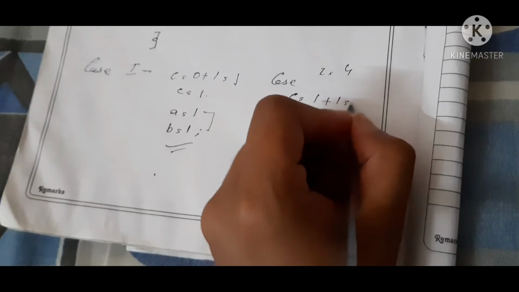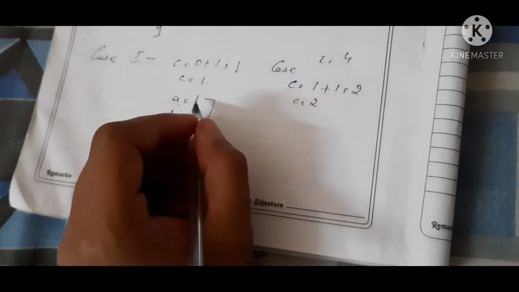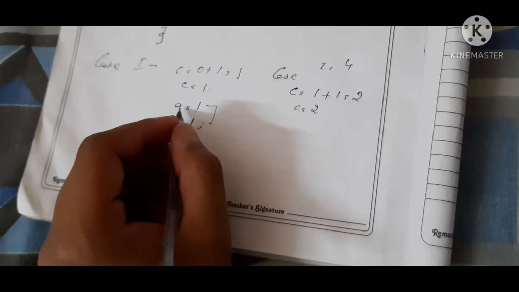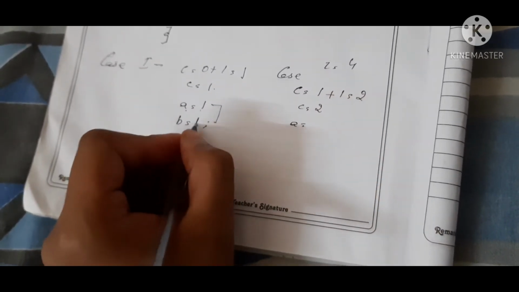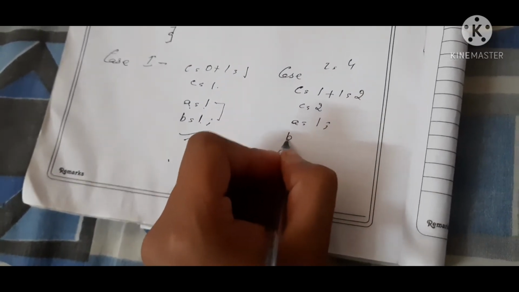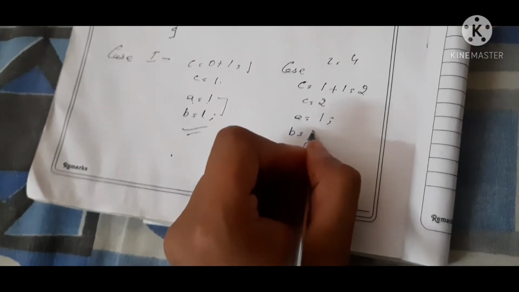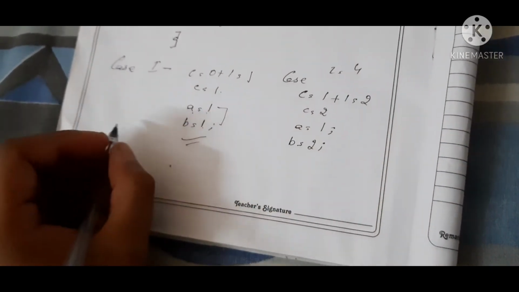So 1 plus 1 is equal to 2. Now c is equal to 2. Then a is equal to b, so a is equal to 1, and b is equal to c, so b is equal to 2. Now after that there is the increment statement.